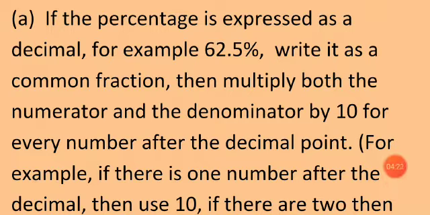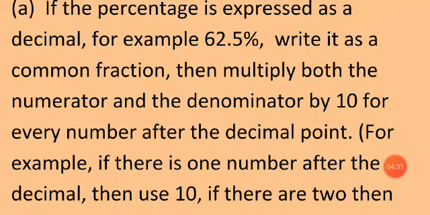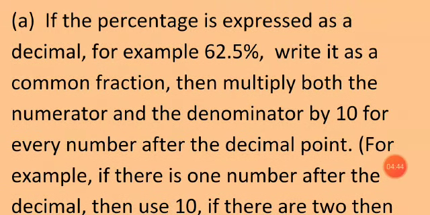That is similar to step 1. Then you consider the number of digits after the decimal point to know what to use to bring the decimal to a whole number. Your numerator is 62.5, which is a decimal.